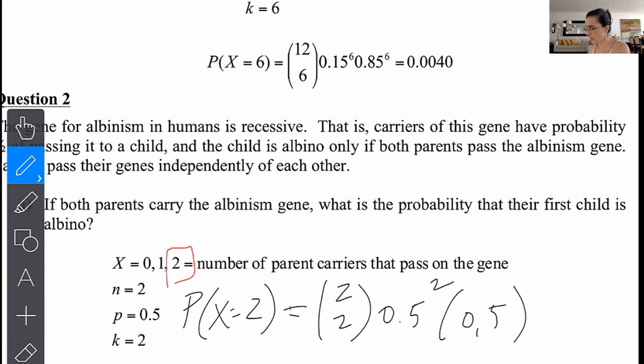So if there's 2 successes and there's 2 tries, that means that there must be no failures, right? So we simplify, and we can enter this into our calculator.